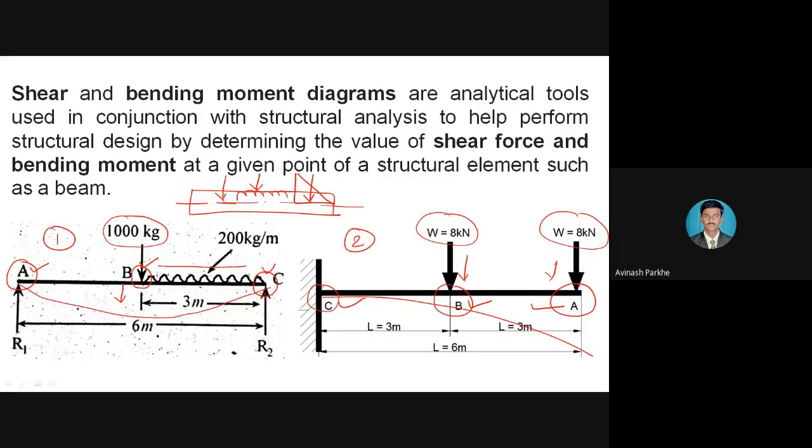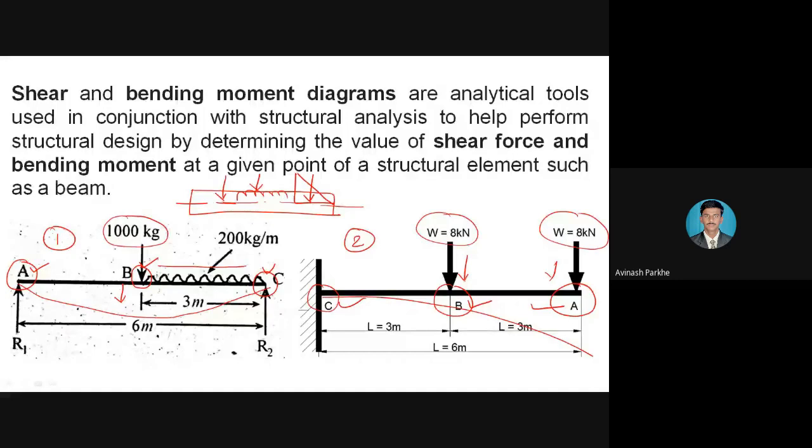Whatever bending is taking place in the downward direction, in case of any type of beam, due to the number of forces, that bending depends upon 4 parameters. The first parameter is the amount and the type of load.